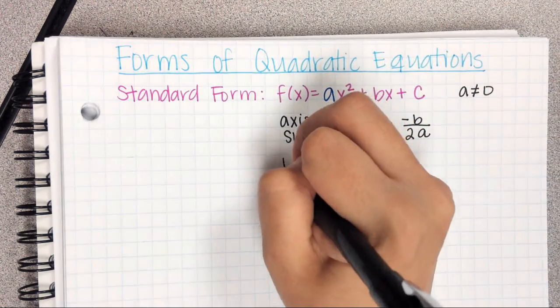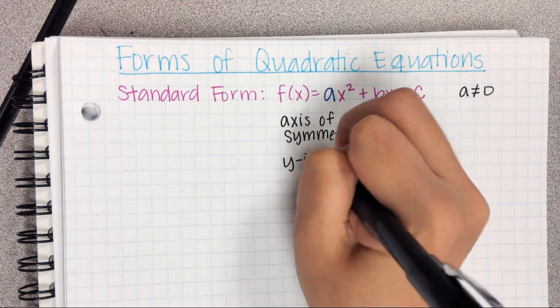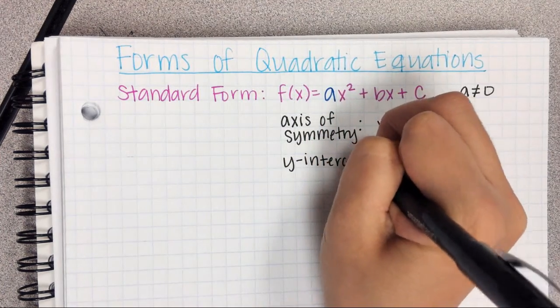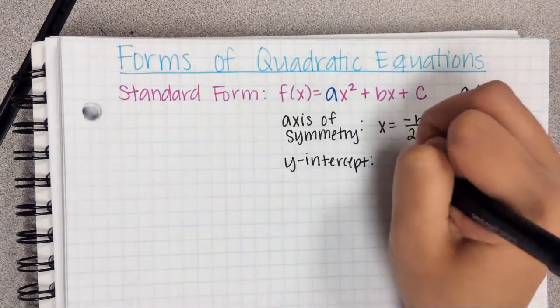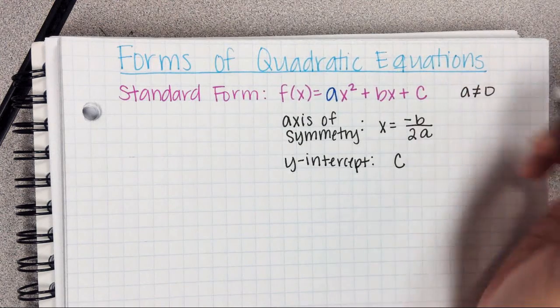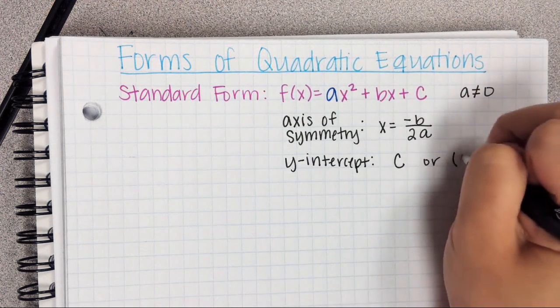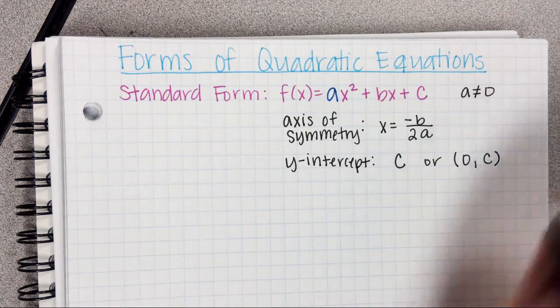You can also find your y-intercept in standard form. And that is just your c, whatever your c value is, or written as an ordered pair, 0, comma, c.